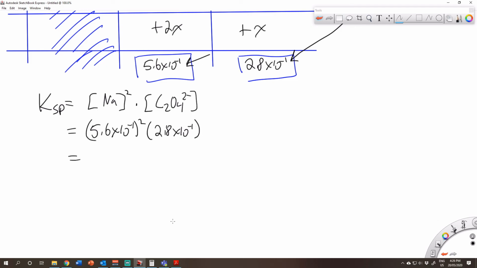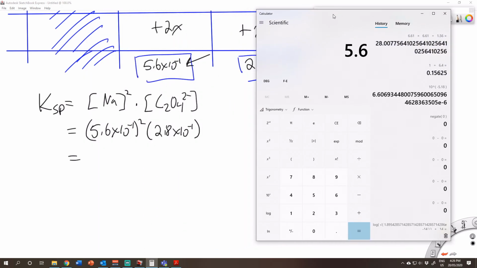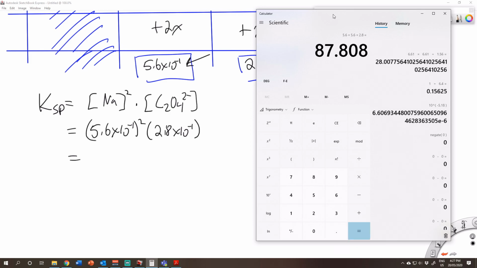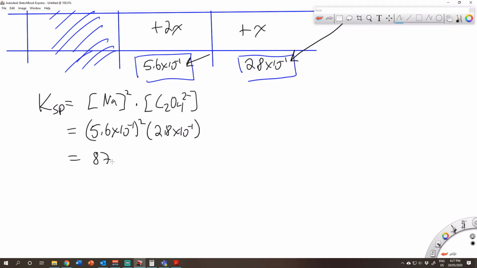And our KSP value, we'll just throw all that in. 5.6 times 5.6 times 2.8, so it'll be 87.8 times 10 to the 2 times negative 1 is negative 2, plus negative 1 will be negative 3. And simplifying that, we'll get 8.78 times 10 to the negative 2.